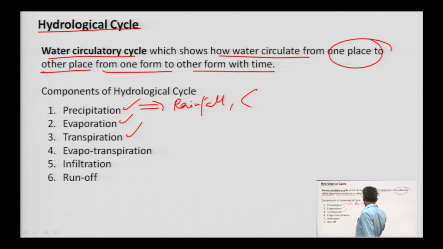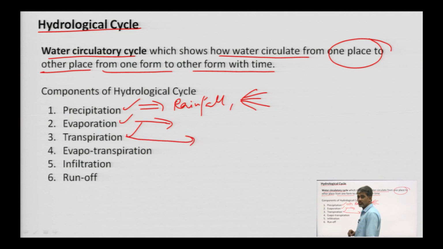We will discuss the different forms of rainfall in the next class. Evaporation: the presence of sun heat on the earth is responsible for evaporation.